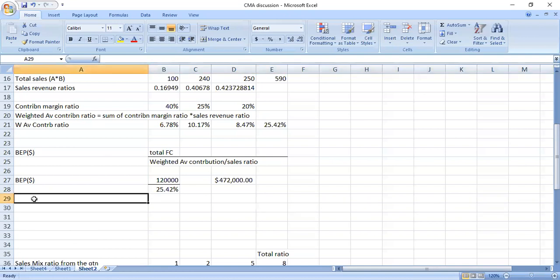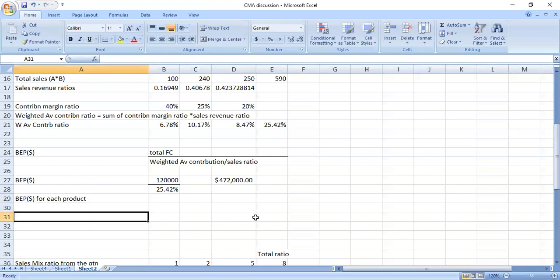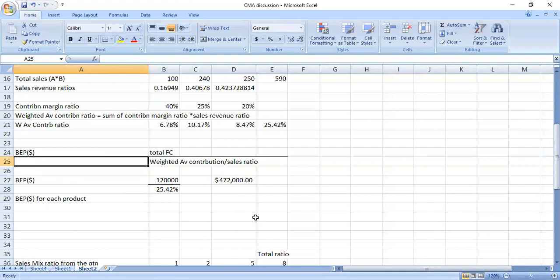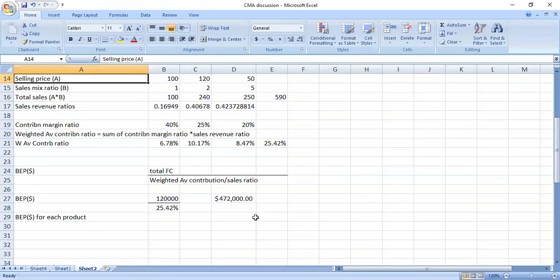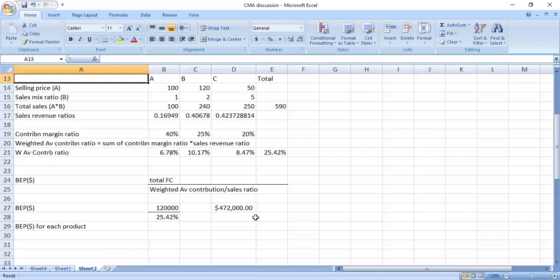I've not got what you meant by sales revenue ratio and sales mix ratio, then plus the contribution margin ratio. I'm not getting that. You're not getting that. Okay. Katawaz, have you understood that? Maybe you can help me and draw more light on that, if you've understood. Okay.